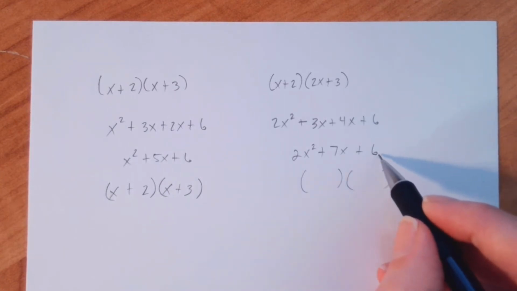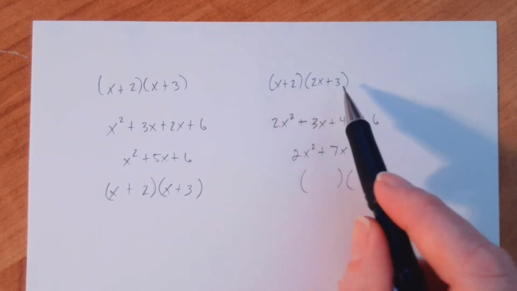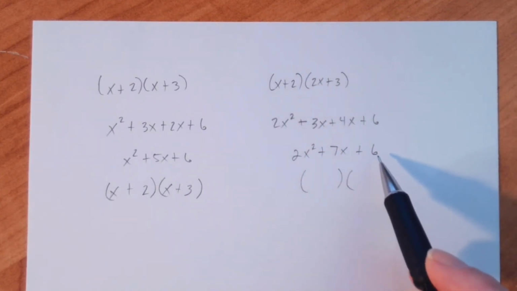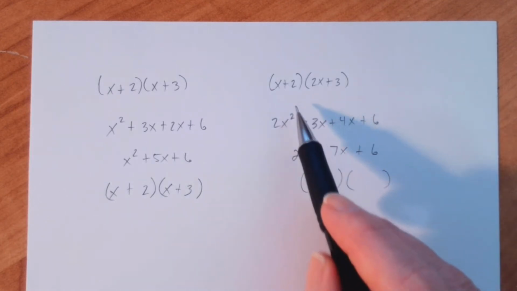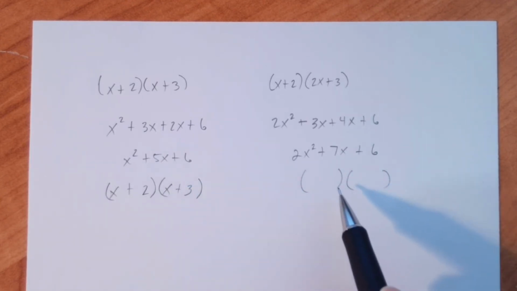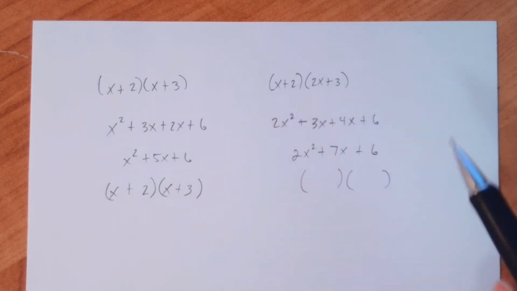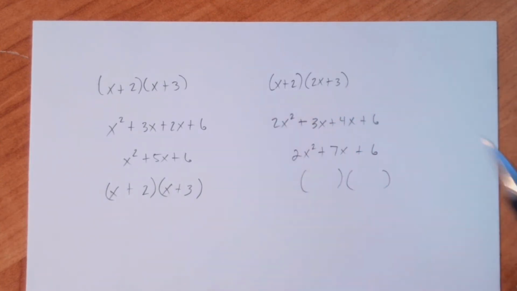What about the 6? Well, just like in the previous problem, notice the 2 times the 3 gives us the 6. What you're going to see that's different, though, is 2 plus 3 is not 7. So in fact, what we did over here doesn't actually work in this case. Any case where we don't have just x and x. In this case, we have a 2x.